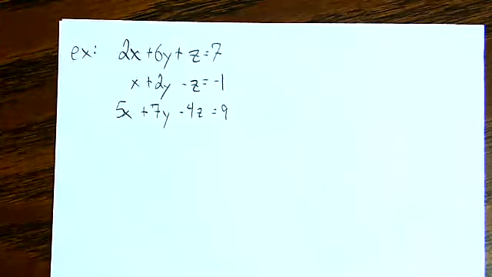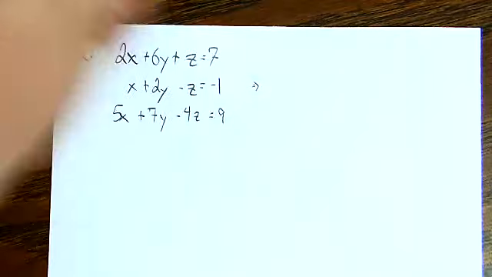I can solve one equation for, say, z, plug it into the other two equations, giving me two equations with only x and y, and then solve those. I could just plug in values and hope for the best.